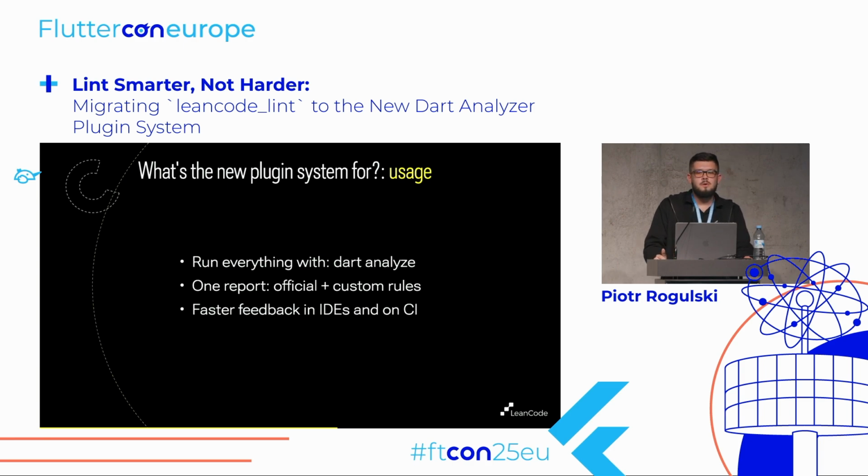Specifically, before it was, I think the most popular was the package custom lint made by Remy Rousselet. And it's amazing, and our Lincode lint package is still based on that package, but it has to be executed separately. With the new plugin, you don't have to run anything else, so the AI agents can take advantage of this new setup as well.